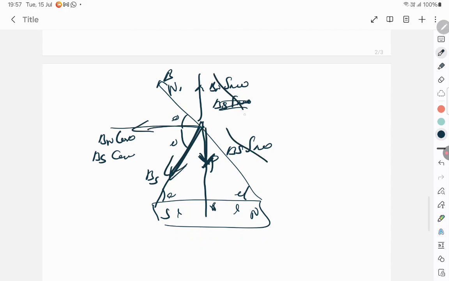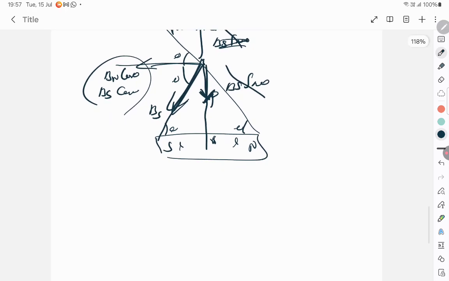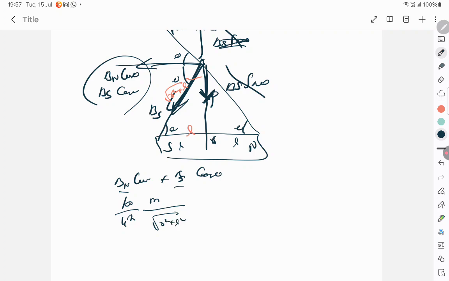So the vertical component is getting cancelled, the horizontal component is getting added. This distance is L, and this distance is root of r square plus L square, and so it's Bn cos theta plus Bs cos theta. Bn and Bs have the same value, mu naught by 4 pi into pole strength by the distance root of r square plus L square the whole square.